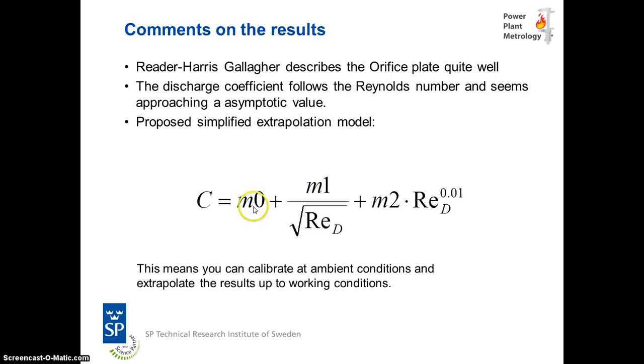You have three constants, M0, M1, and M2, and then you have the Reynolds numbers. This means that you can calibrate the orifice plate at ambient conditions and determine those constants. Then you can extrapolate up to the working conditions where you more or less know the Reynolds numbers, and calculate what discharge coefficient you should have.